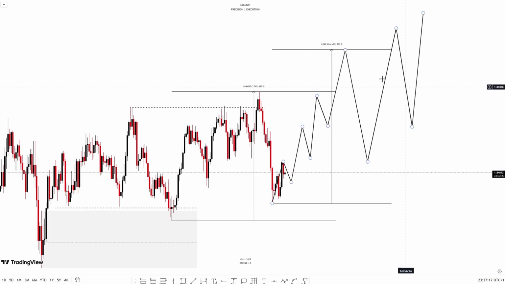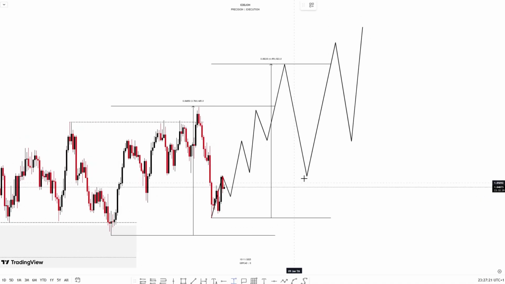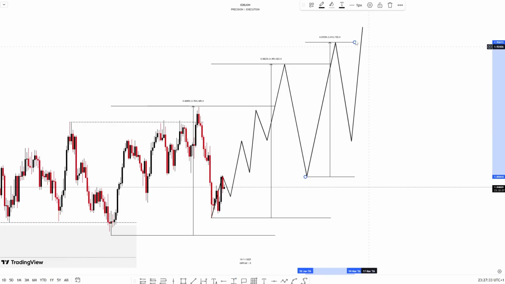As price breaks this structure, I'm going to take my range again, draw it, look at the bottom price made before it broke the structure. That's where I'll draw it from, that bottom to that high. So I'll keep on doing this.